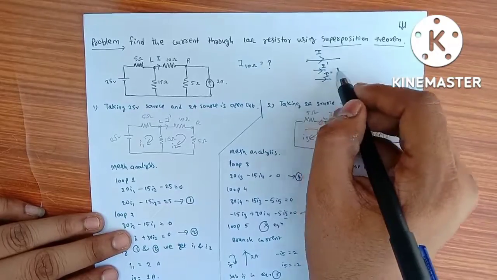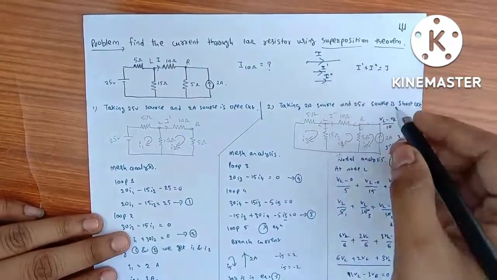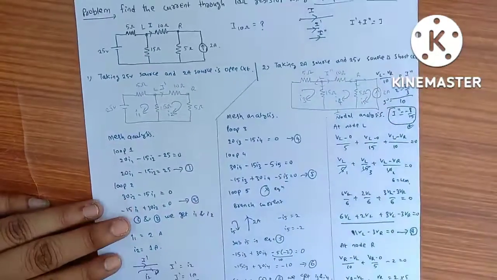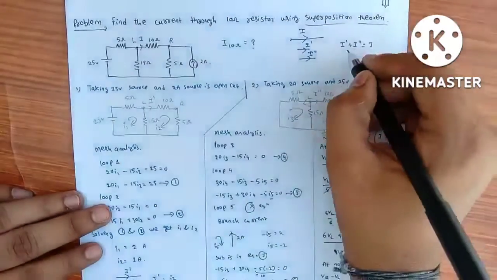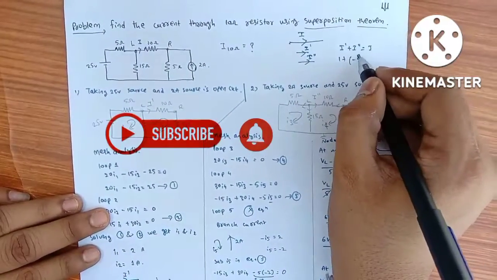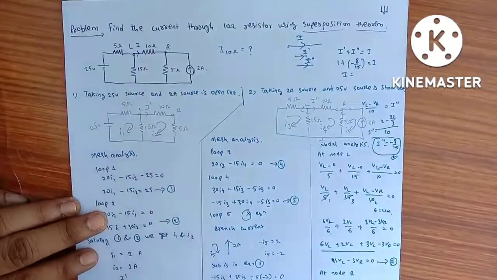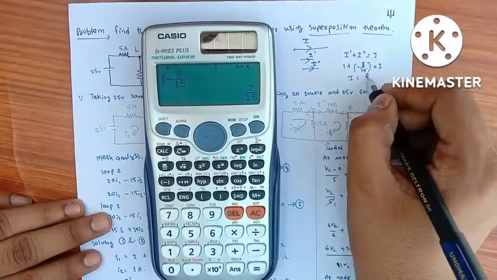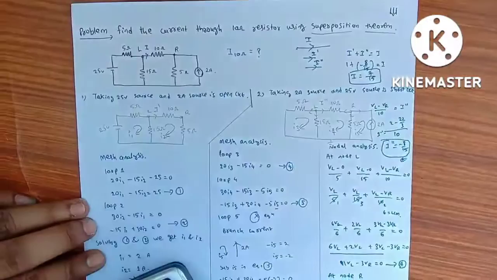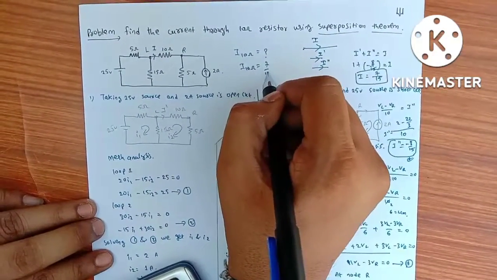All are in the same direction, so I dash plus I double dash is equal to I. Now I dash is 1 amp, plus I double dash is minus 8 by 15, which is equal to I. Now I is equal to 7 by 15. Therefore the current through 10 ohms is 7 by 15 amps.